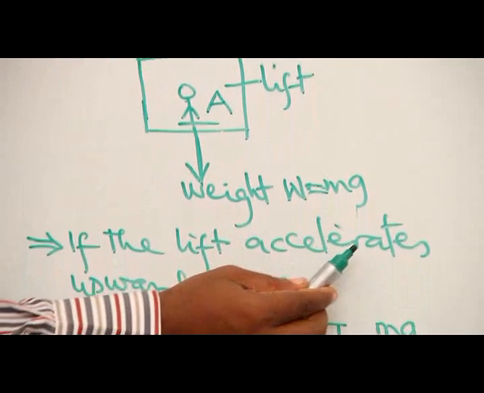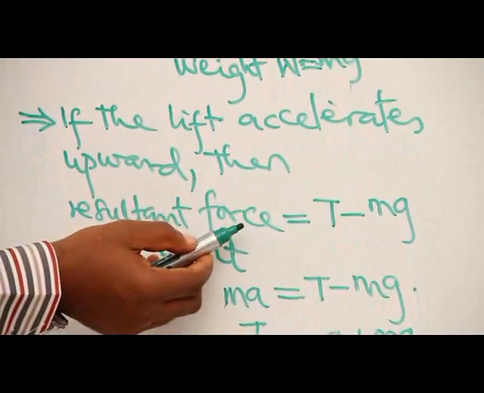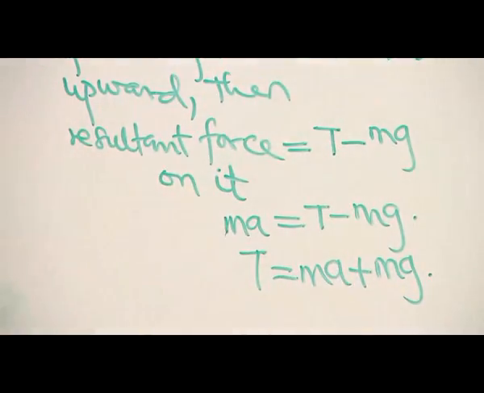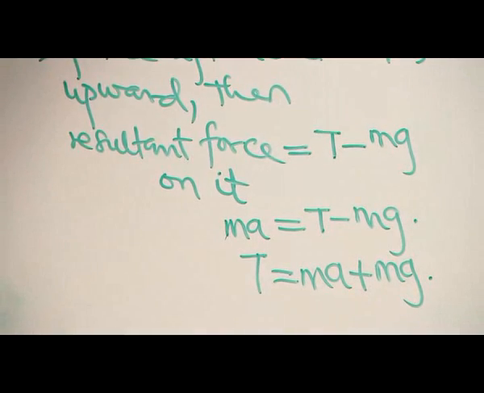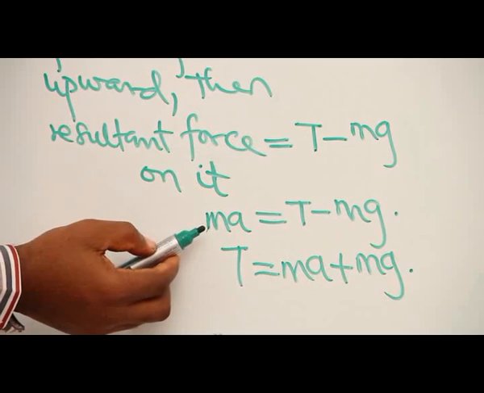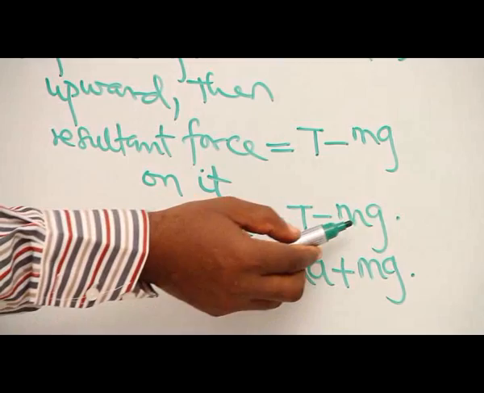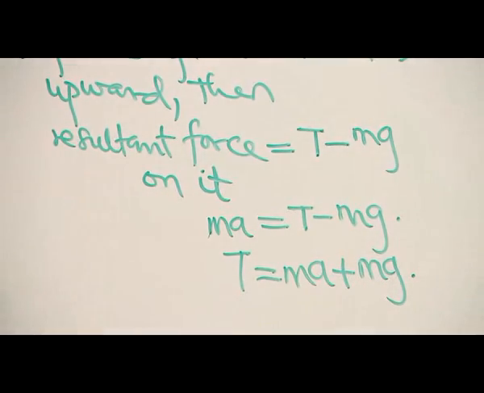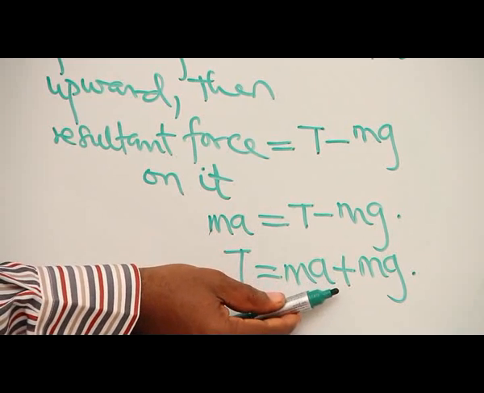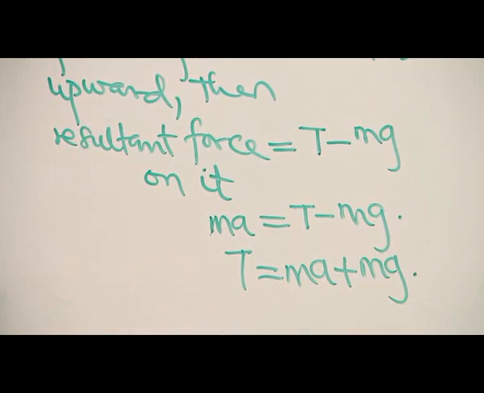If the lift accelerates upwards, then the resultant force is equal to tension minus the weight. That means tension is greater than the weight. So the resultant force is ma, and this is equal to tension minus mg. Therefore, the tension is equal to ma plus mg.